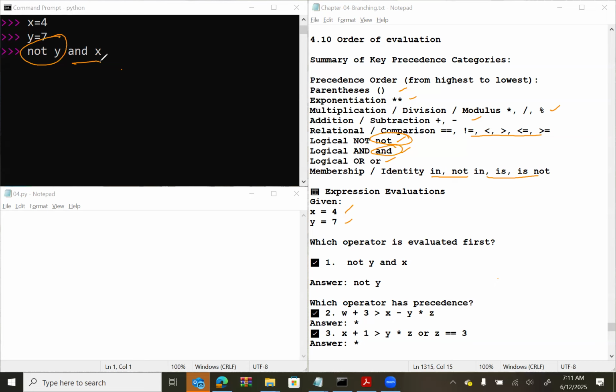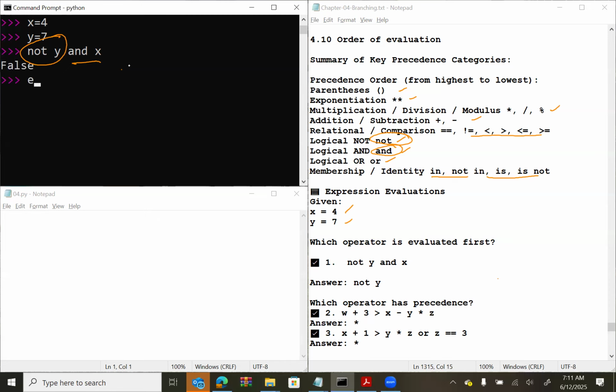So y, which is 7, is actually true, so not y will make it false. And x is 4, which means true. So false and true will always be false. So let's try that.